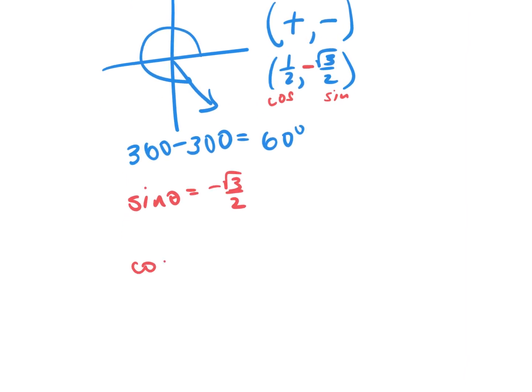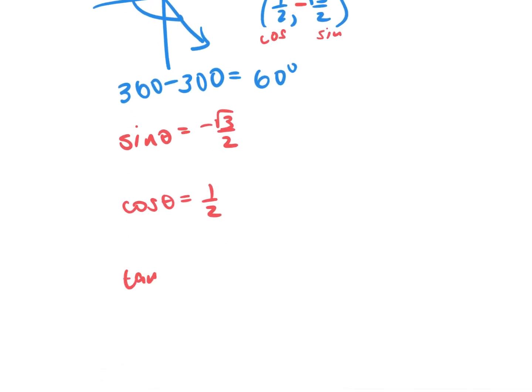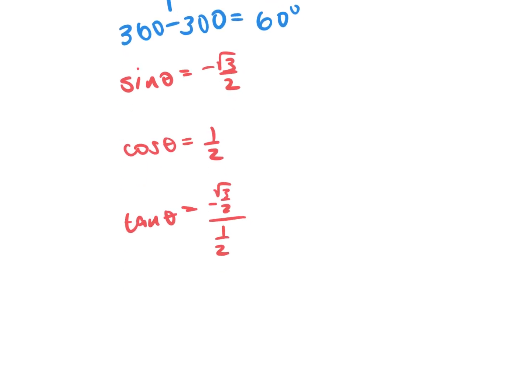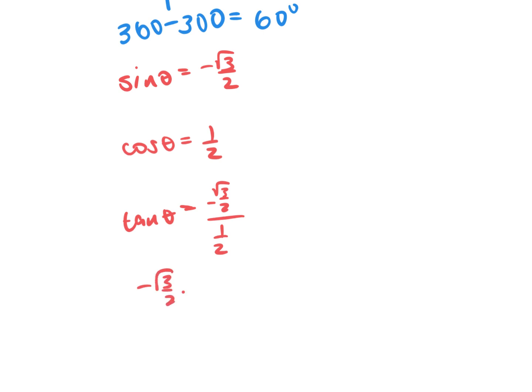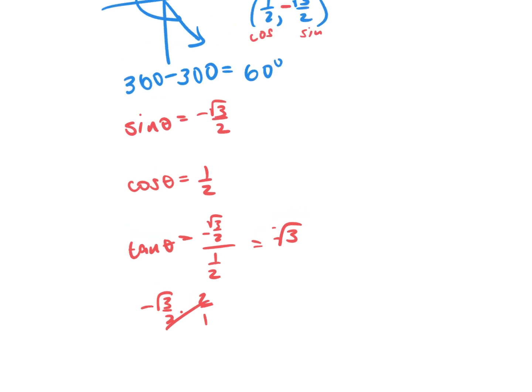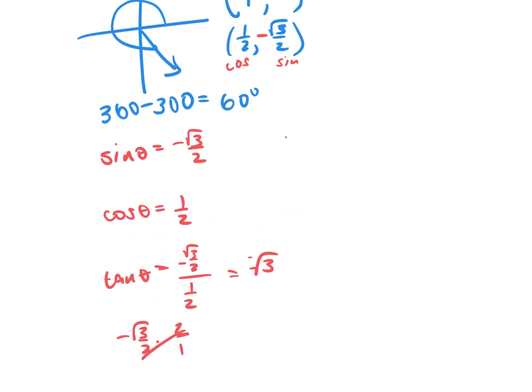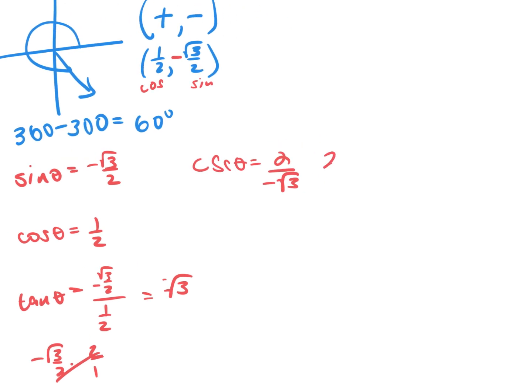Your cosine is 1/2. And then your tangent is Y over X, right? So negative root 3 over 2 times 2 over 1 becomes negative square root of 3. And then our reciprocal functions, cosecant, is going to be 2 over negative root 3. We can't leave it. So it's going to be 2 root 3 over 3, with a negative out in front, correct?